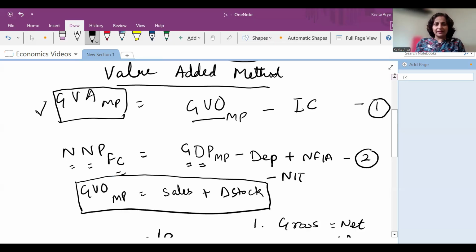It's very easy to understand that whatever value of the output has been created, it's either sold in the market or is there yet in stock. So putting the value of GVO from here to here, we get GVA, and when we get GVA, that needs to be converted into NNP at FC. Mind you, the other name of GVA is GDP at MP. So this is how we carry on with the numerical aspect of the value added method.